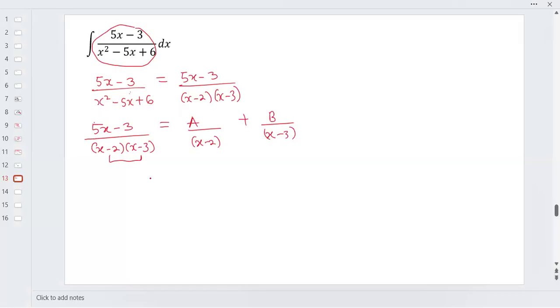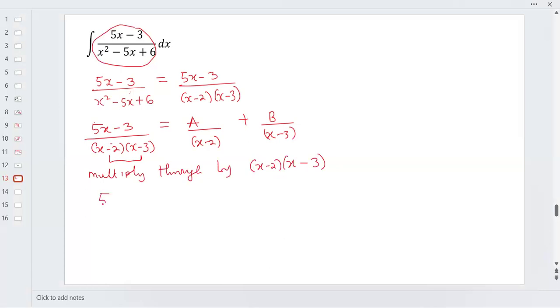The next thing I want to do is multiply through by x minus 2 and x minus 3. By the time I do that multiplication, we know that the denominators will cancel.